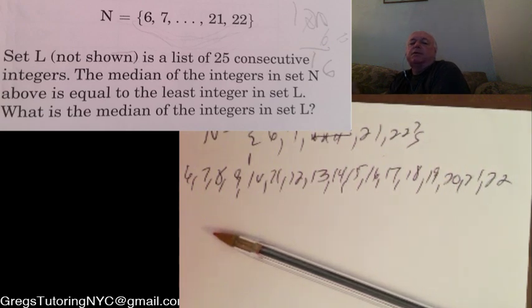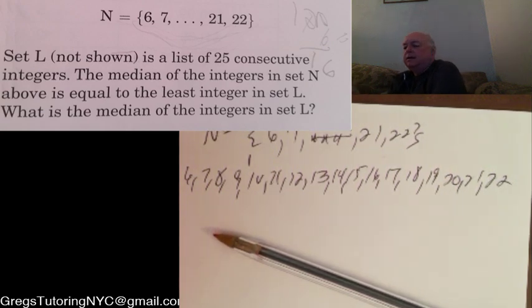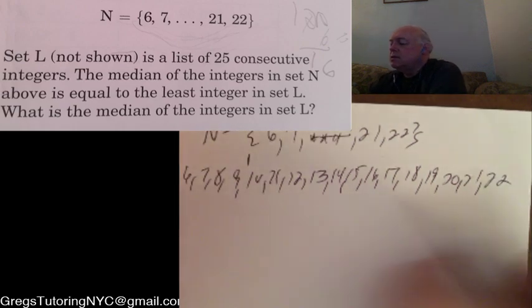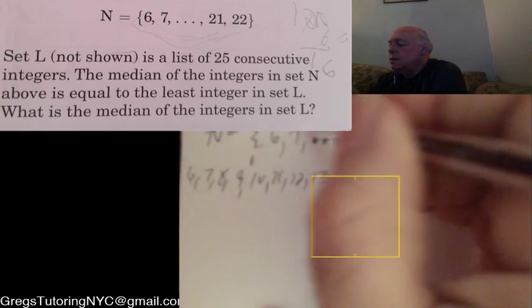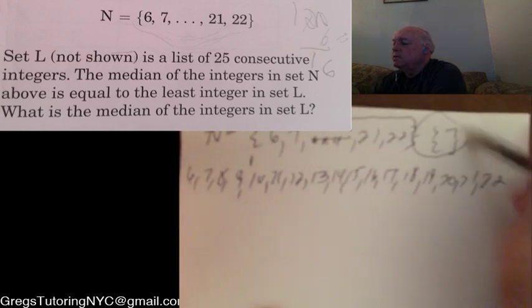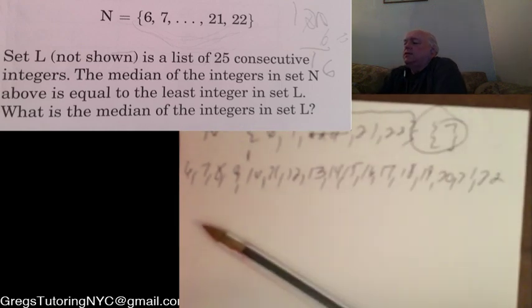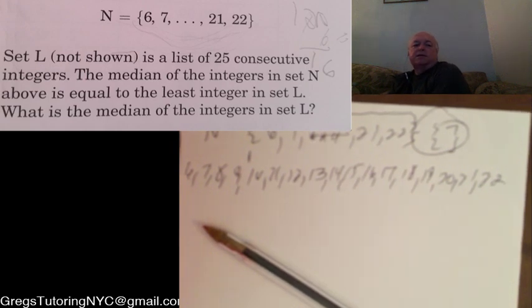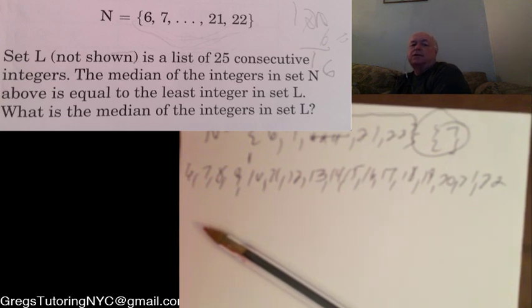What they're showing right now is N, not L. This is set N because it says N equals, and it's between the curly braces. That's establishing a set for us, and if you don't know, you should figure it out by context. Set L is a list of 25 consecutive integers. This involves terminology.